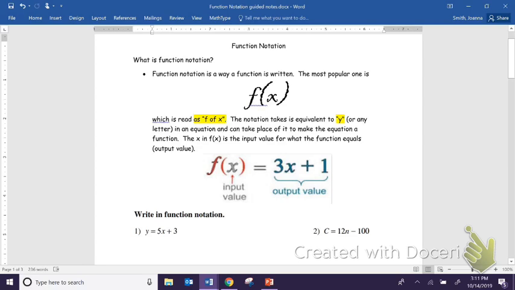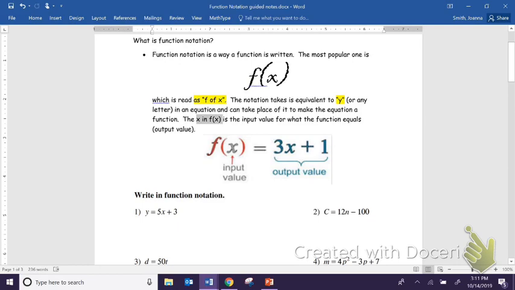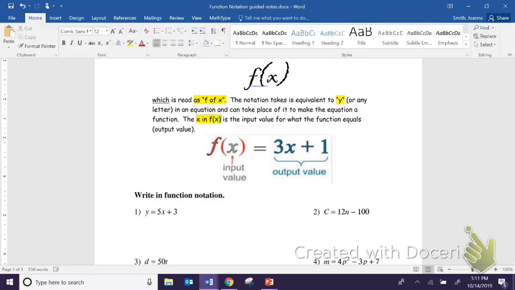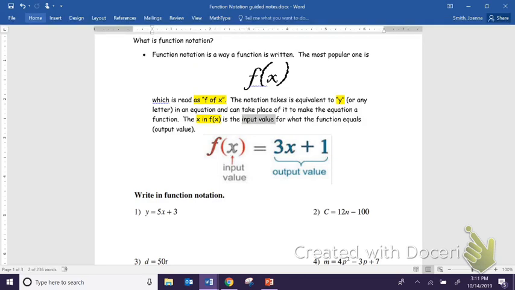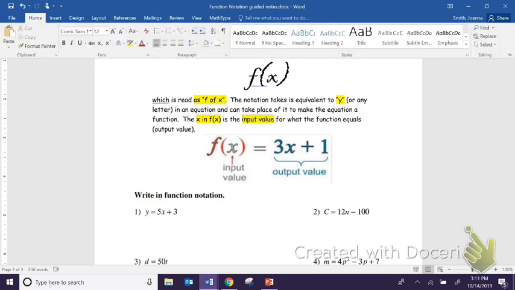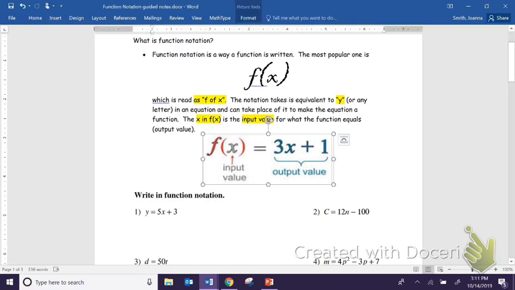Now, the x in f of x, that's very important, is the input value for what the function equals. So if we're looking at the example given right here in this picture, f of x is equal to 3x plus 1.